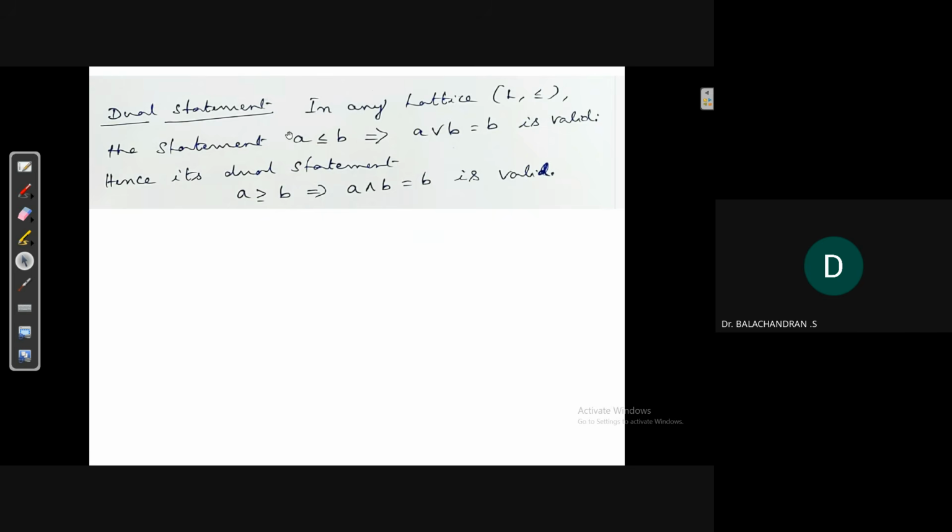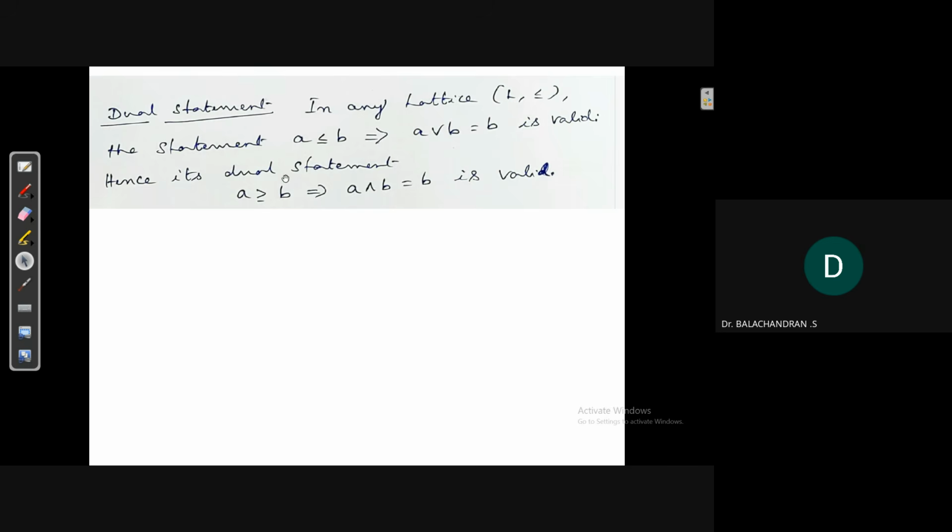Okay, dual statement. In any lattice L, less than or equal to, the statement a less than or equal to b implies a or b equal to b is valid. Hence its dual statement: dual statement means instead of less than or equal to, replace greater than or equal to, and replace or by and.